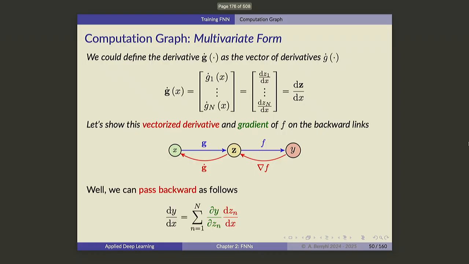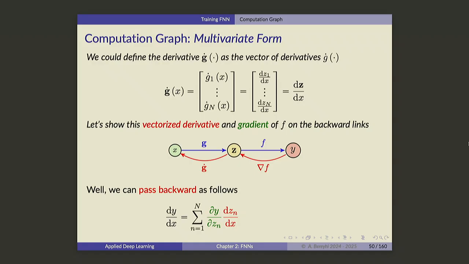So let's look at this case. What can I say? I want to know the derivative of y with respect to x, right? So it's going to be the derivative of y with respect to every single entry of z, times the derivative of that entry of z with respect to x, right? What is this guy? The derivative of y with respect to one particular input.